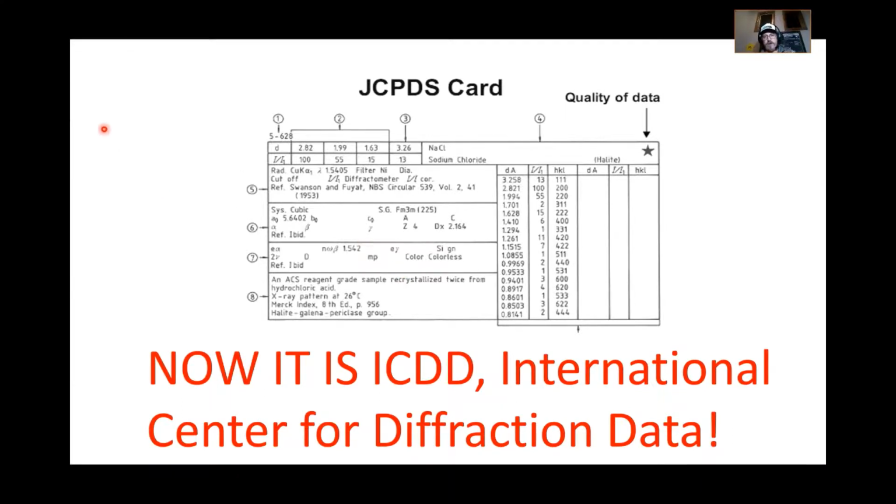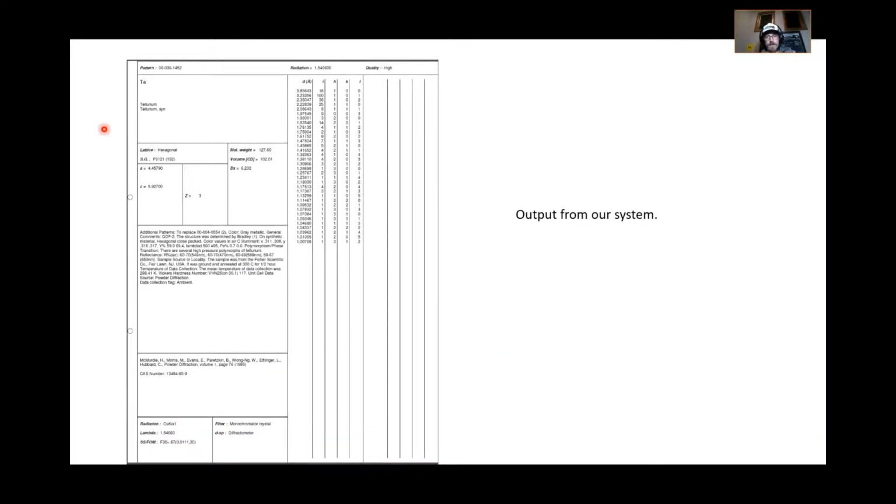There are also free resources, and I think I'll proliferate those to students as well, but it's not in this lecture. So we pay a license fee to the ICDD, and then we get very similar data to what was on these JCPDS cards back in the day.